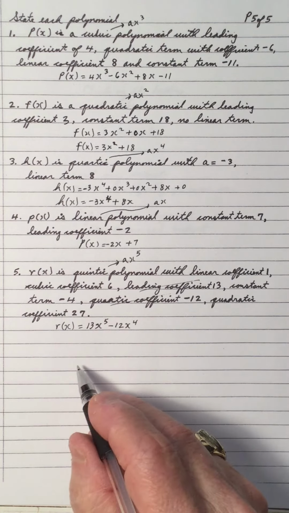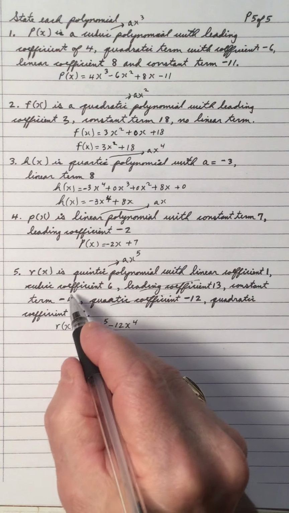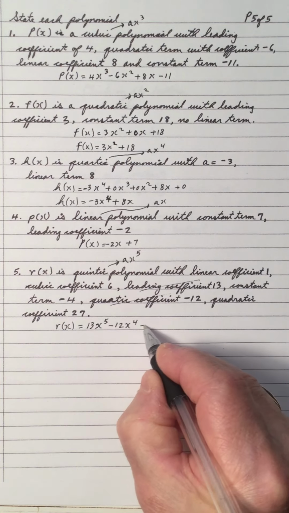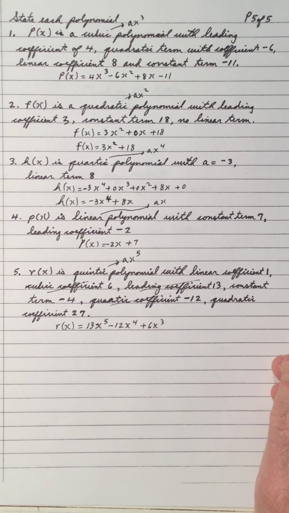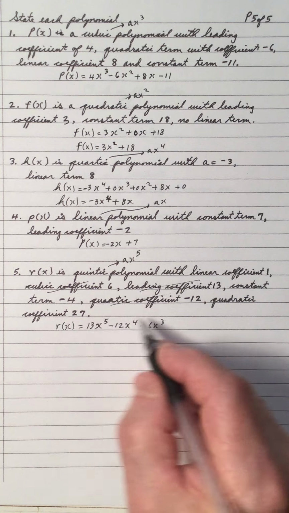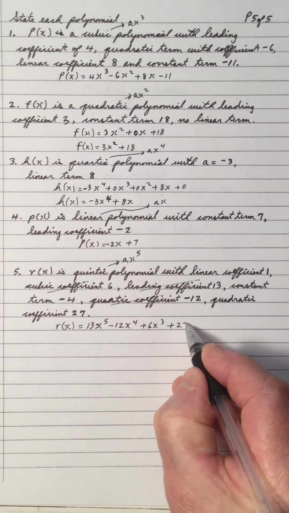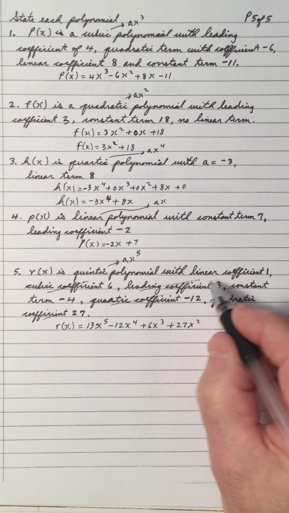So that one's gone. I'm scratching them out to make sure I use them all. Do I have a cubic term? Cubic coefficient of 6. So that's a +6x cubed. Do I have a quadratic term? Quadratic coefficient of 27. So it's a +27x squared. And do I have a linear term?